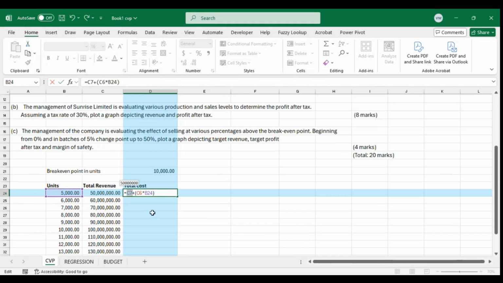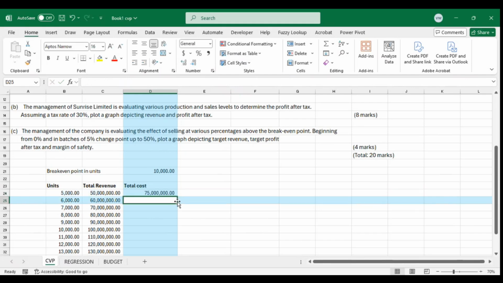So I'll highlight the range and press F4 so that I make the fixed cost an absolute reference. And also highlight the range where we have the variable cost, and I make the variable cost per unit an absolute reference. So once I've made the two absolute references, I want the units to be relative references so that we're able to use the autofill option.